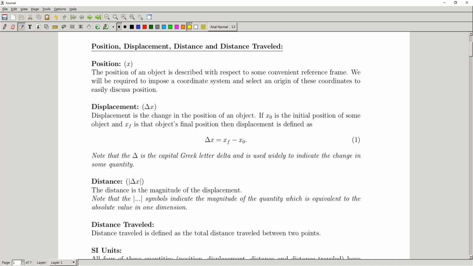We're going to see more about that in a moment, but let's move on to displacement. Displacement is defined as a change in the position of an object. So if x naught is our initial position, and we have some final position x final, our object's final position minus its initial position is our displacement, and we can see that described in this equation.